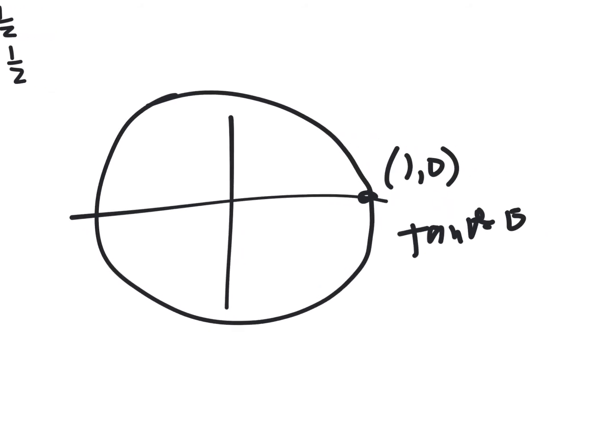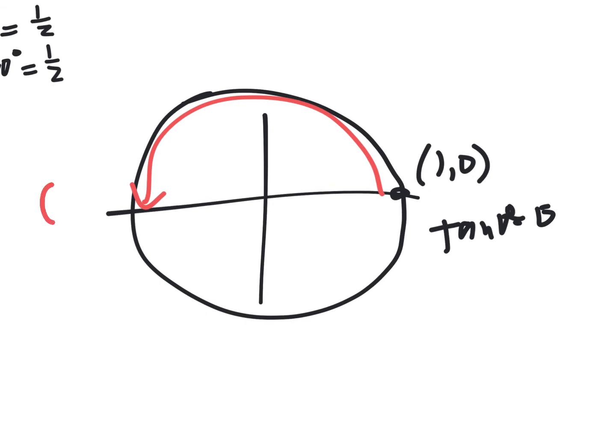And they just said that if I go over pi, which is over there, I should get the same exact answer. We'll see if they're right. It's (-1, 0). What happens? Tangent is y over x, 0 over negative 1. It's still 0. See how we added pi and got the same exact answer? Okay. All right.